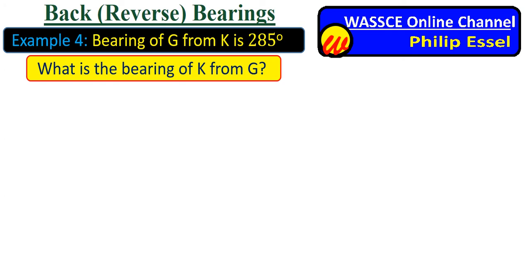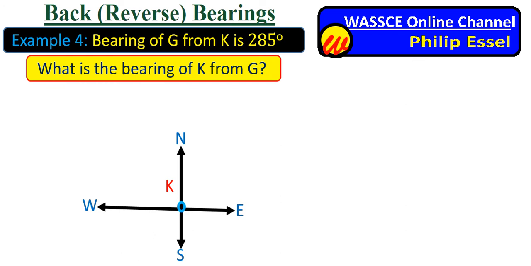So let's first remember that the origin where we are starting from is K. So let's show our cardinal points with K being the origin. We will then draw our angle 285 degrees starting from the north pole of the point K in a clockwise direction.